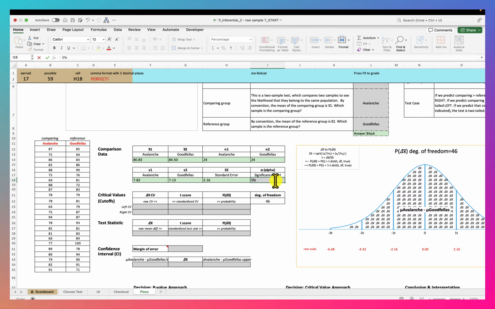Alpha is 5%. So we'll split alpha and then use T dot inverse, start with an equal sign. Pick up the degrees of freedom. You notice this degrees of freedom also worked.